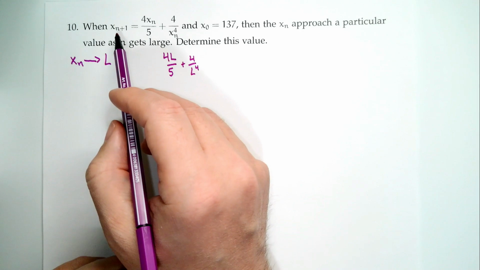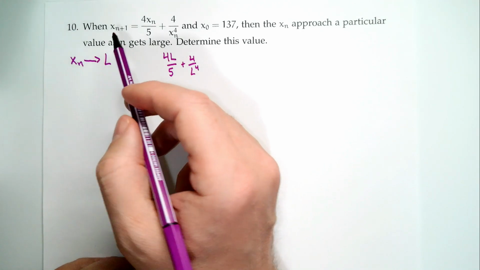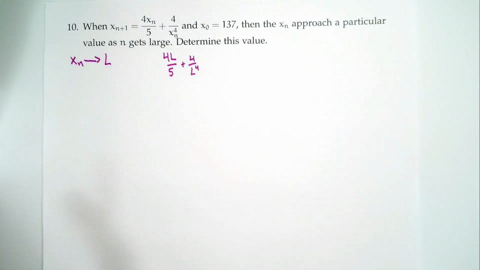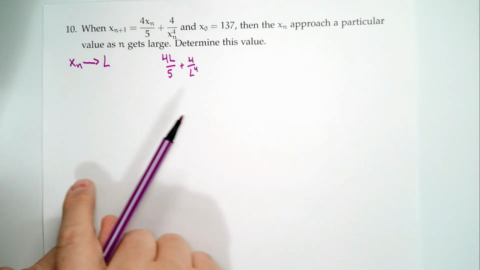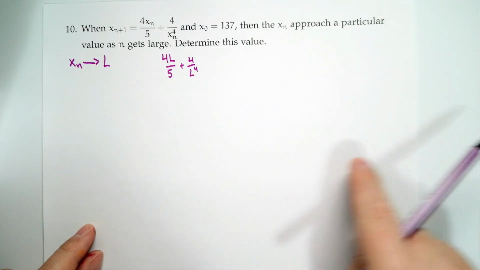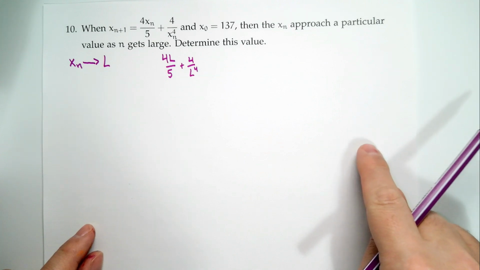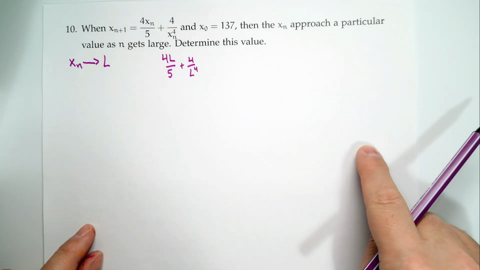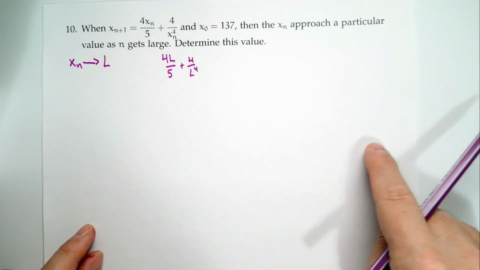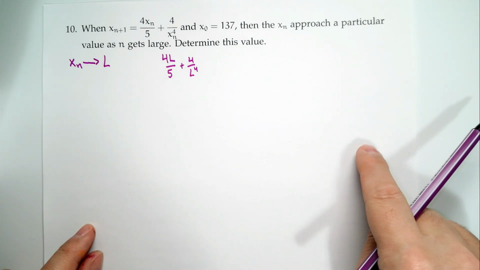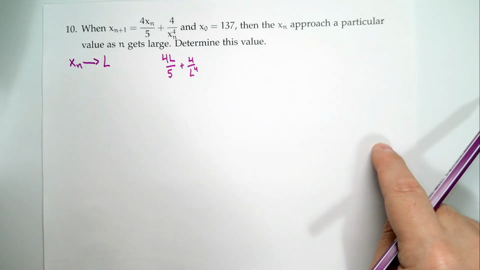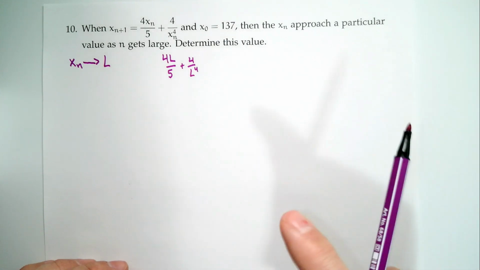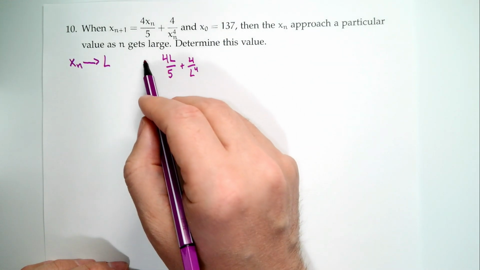On the left-hand side, what is xn plus 1 doing? If you have this big long list and you go out very far, the nth term is close to L. What is the n plus first term? The one right next to it, what is that close to? Well, it's also close to L.